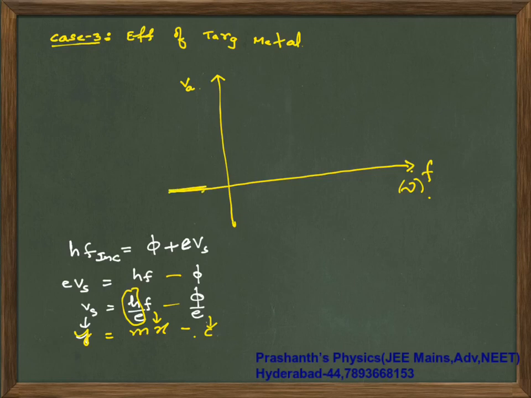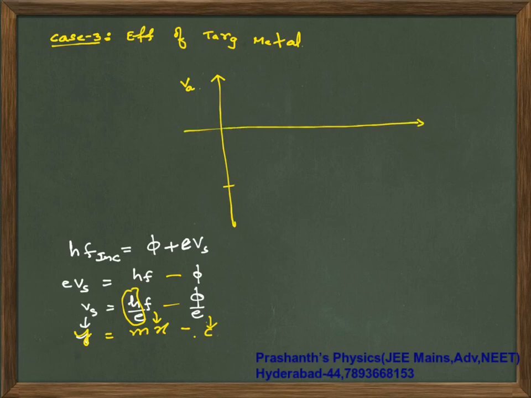I will draw this x-axis a little higher so that I can draw the graph and explain a little more. So you have the graph like this. Now this is your threshold frequency. Now let me tell you what happens. You have your first metal. When x equals 0, y equals minus c. Look at this equation, y equal to mx minus c.